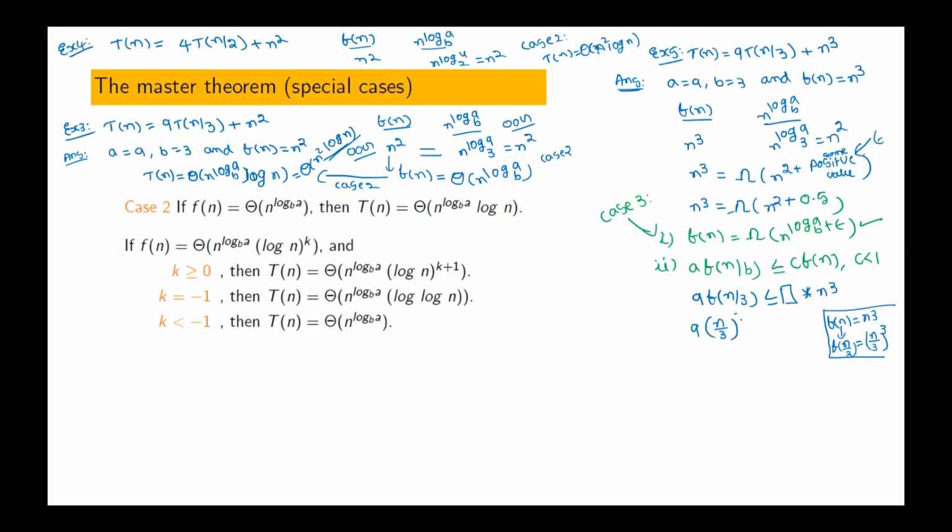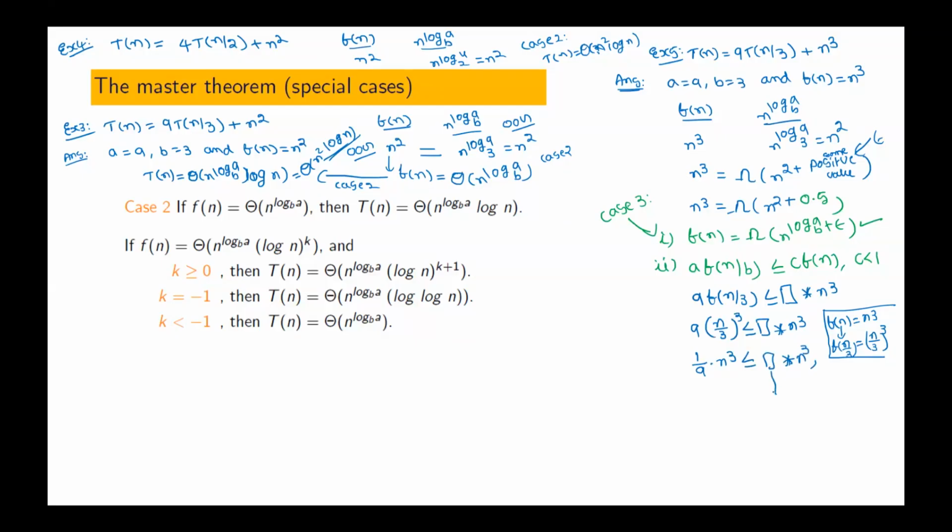That's all. Less than or equal to some constant into n cube. This can be written as 1 by 9 into n cube. It should be less than or equal to n cube.